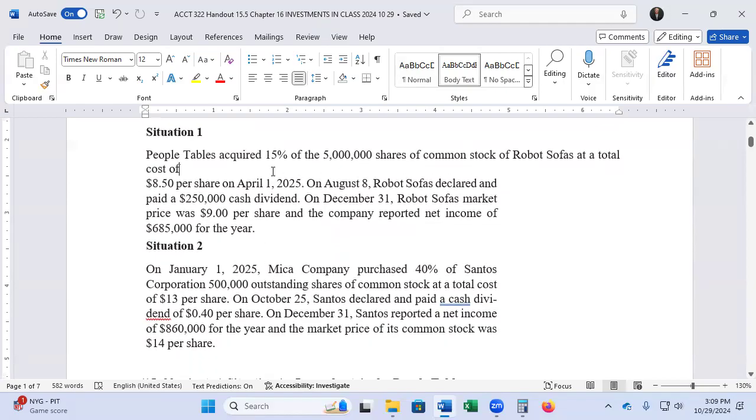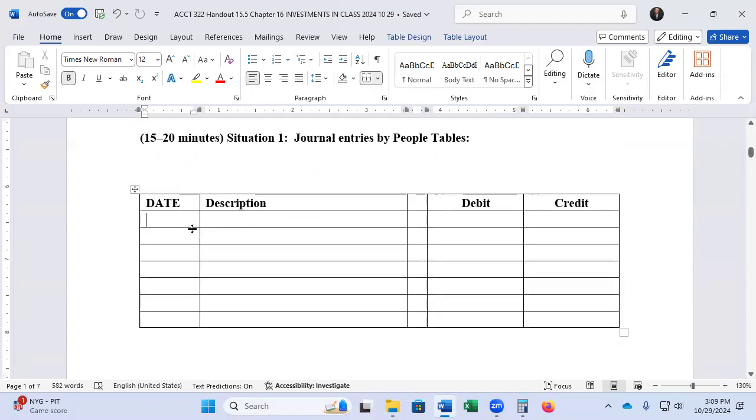Okay, so under the first one, we have a 15% stake in it, which gets recorded at fair value. And so this would be 4/1/25. And we have equity investments and cash.